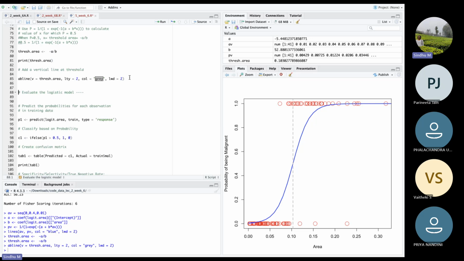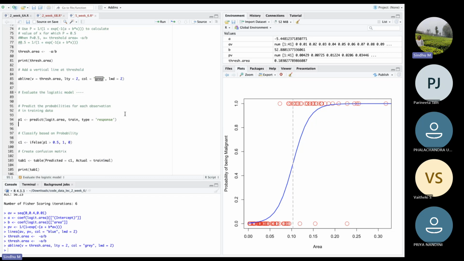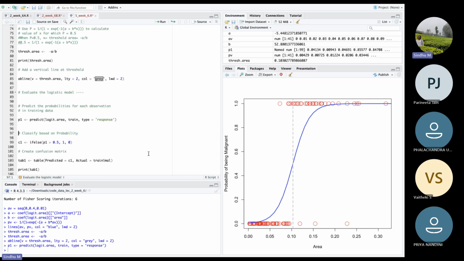And we are now just drawing a vertical line at this threshold. So if the nucleus has an area less than this cutoff, which is around 0.110 something, then it is not malignant. So now we have got our model. The next step is to do it for the test data set.